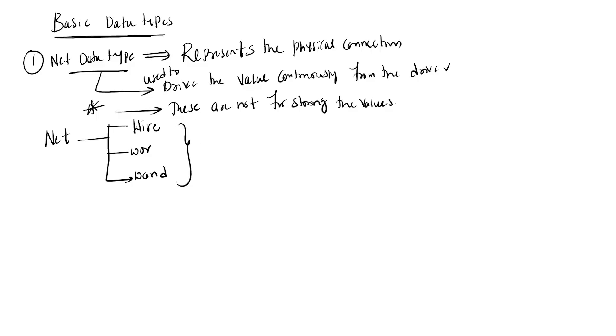For example, suppose I'm writing a sample snippet in Verilog: module example, wire A, end module.